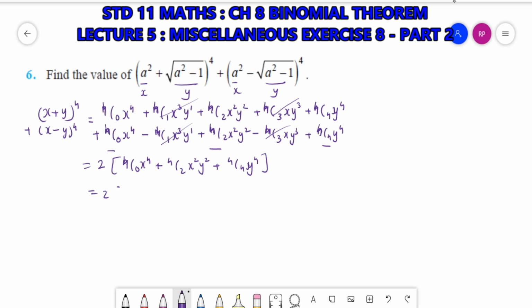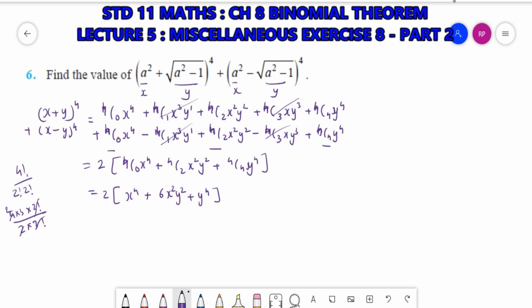So 4C0 will be equal to 1, so x^4. 4C2 is 4 factorial upon 2 factorial, (4 - 2) factorial, 2 factorial. 4 into 3 into 2 factorial upon 2 factorial into 2 factorial, that is 6. 6 x^2 y^2 plus 4C4, that is 1, y^4.